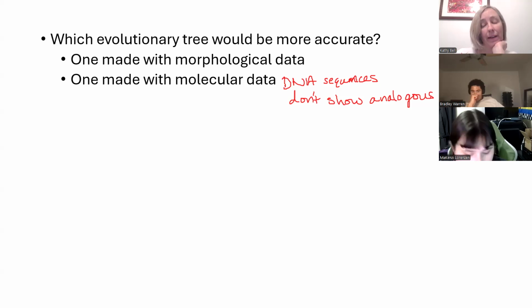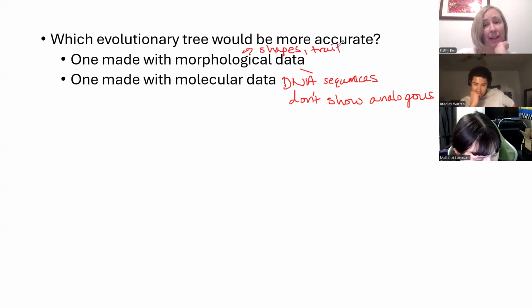Because what if you had convergent evolution going on? And with the morphological data, you're looking at shapes of the body or traits or something like that. And what if you're looking at echidnas and porcupines, and you're like, oh, they both have spikes on them, quills or whatever. You might think, oh, they're closely related and put them like that on the tree, but when you compare their DNA, they're not closely related at all.